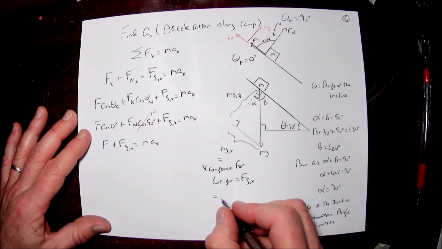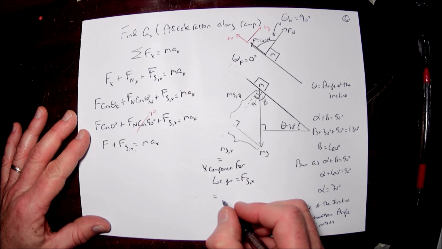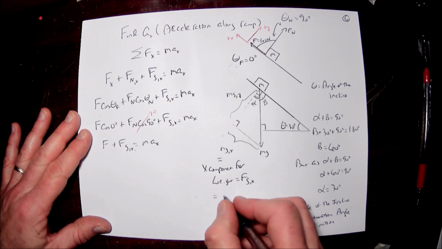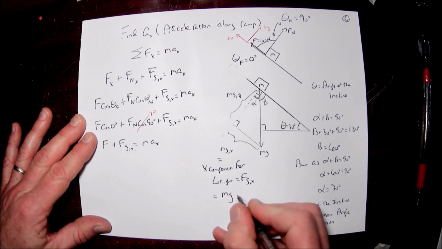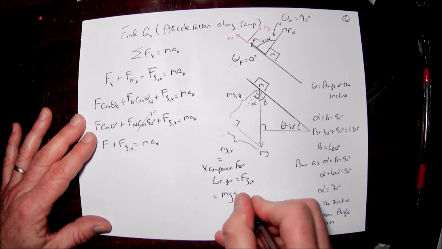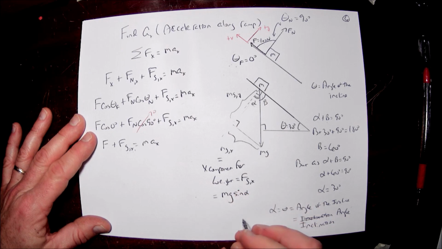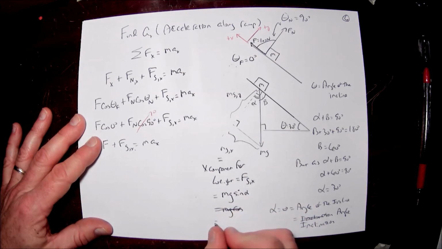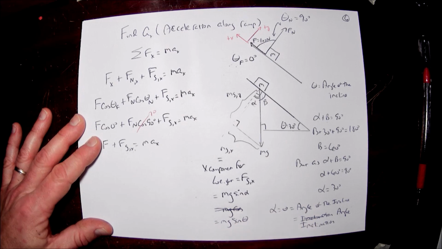The x components are always made by hypotenuse times cosine, right? I think I said way back yonder that's usually the case, but it doesn't have to be. There's a special case where we're going to deviate from that. And that time has come. mg sine alpha, which equals mg cosine... Yeah, I could write that, but equals, missed the punchline there, mg sine theta.